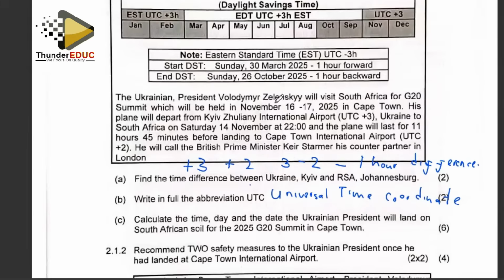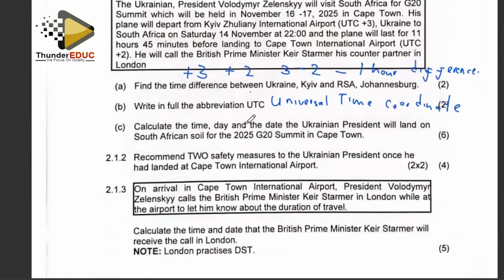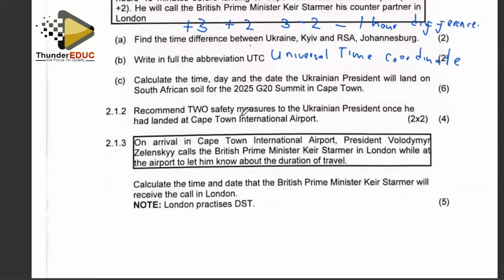Now, the third part of the question: calculate the day and the time the Ukrainian president will land on South African soil for the G20 summit in Cape Town. When we are calculating the arrival time, it is important to master this formula.